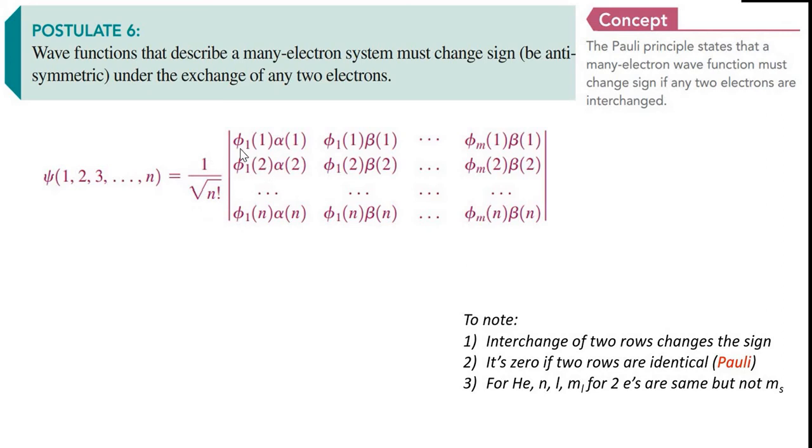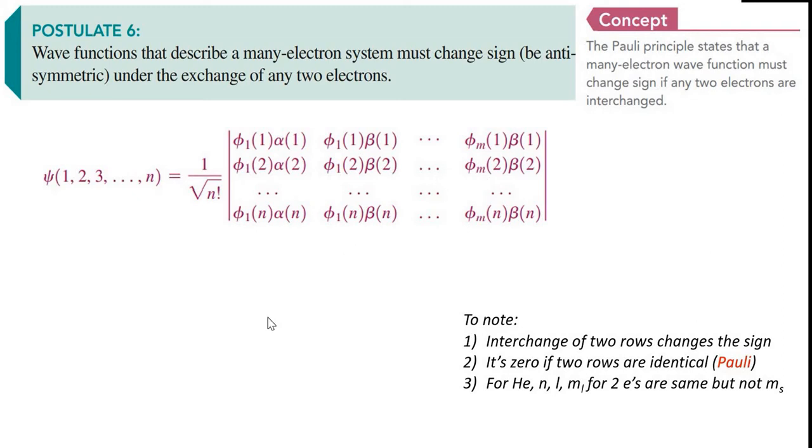Now, what are phi 1, alpha 1 and so on? The bracket 1, bracket 2 and so on are the electron labels. So electron 1 is here, electron 2 is here, electron 3 is here, electron n is here. That is a separate thing. But what are the phi 1, phi 2, phi 3, up to phi m?